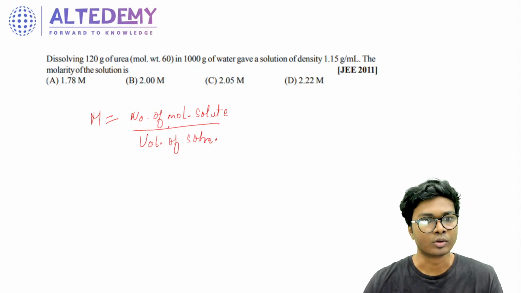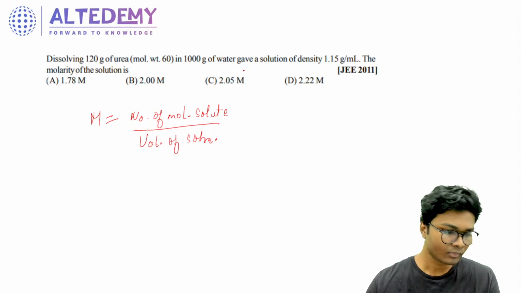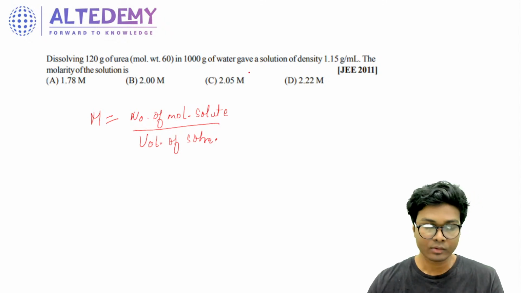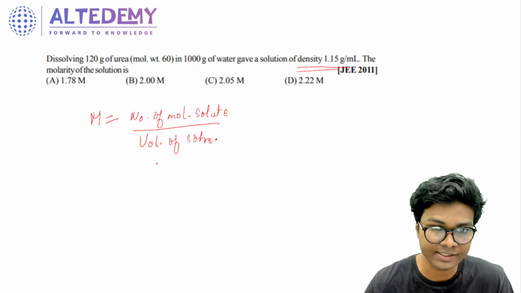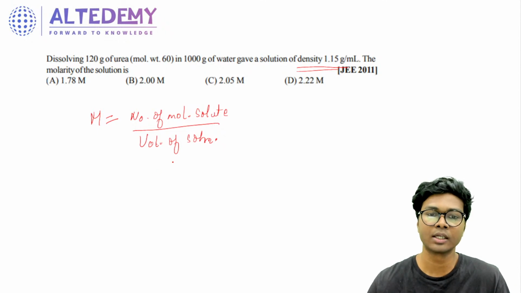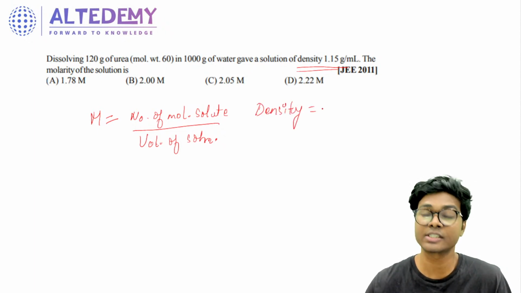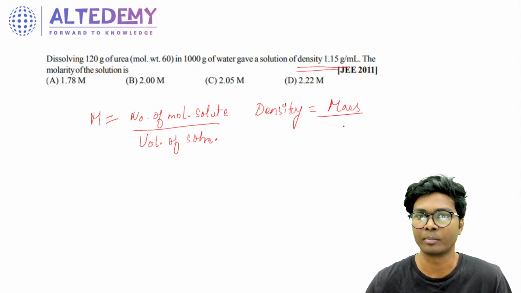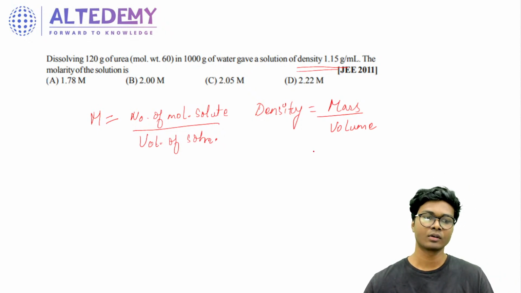So the volume of solution is given. No, the density is given. Density, sorry, my bad. The density of the solution is given. Since the density is given, we can calculate the volume, because earlier we had learned the formula for density. The formula for density was mass by volume.